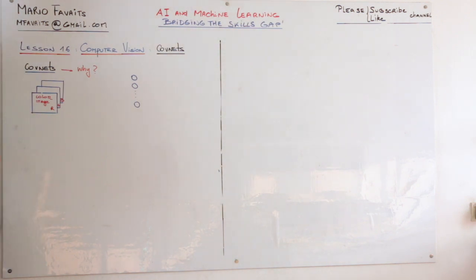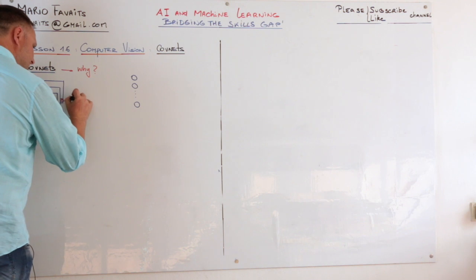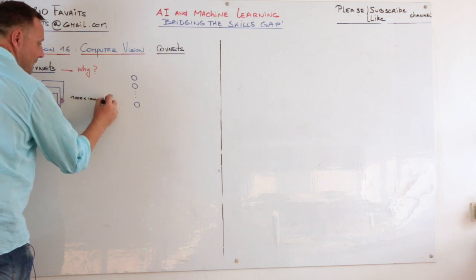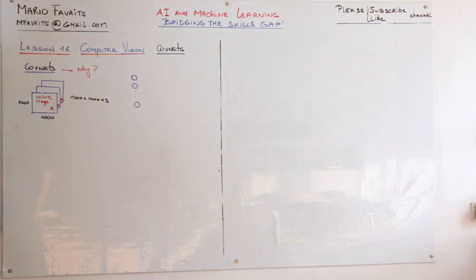Well, it's quite simple. Assume you have a color image here, an image of 1000 by 1000 pixels, and you have, of course, a color image, so you have your RGB. So in this case, you have 1000 by 1000 by 3 features.